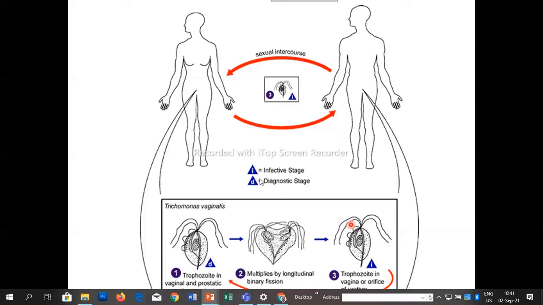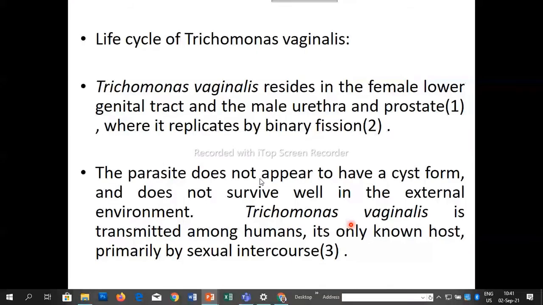Trichomonas vaginalis normally resides in the female lower genital tract and male urethra and prostate, and it replicates there by binary fission. The parasite does not appear to have a cystic form, and it doesn't survive well in the external environment.